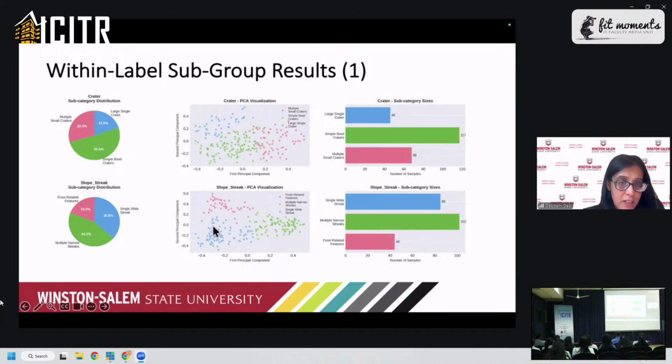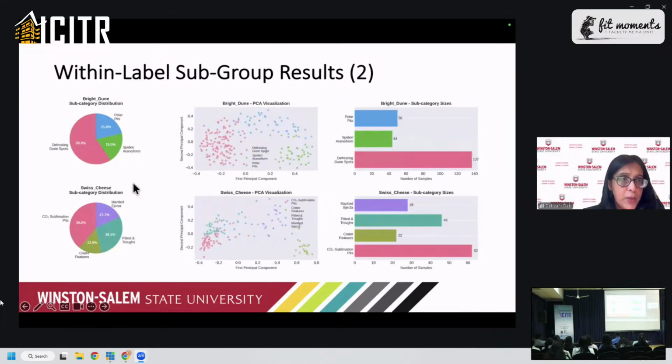Again, the clusters are very unique and separated. For the bright dune, it is also able to identify whether it comes from the polar pits or the spider or the deforestation, and for the Swiss cheese it is also able to identify subcategories.